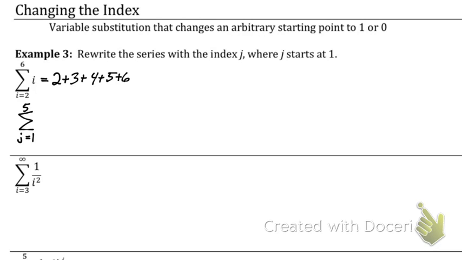This is 2 minus 1, so that means we're going to do 6 minus 1. If I just left everything as is, don't write this because this is wrong. If I left everything as is, and I start at 1 and I go to 5, this would just become 1 plus 2 plus 3 plus 4 plus 5. Do those two sums equal?